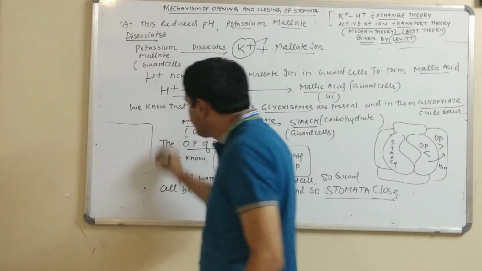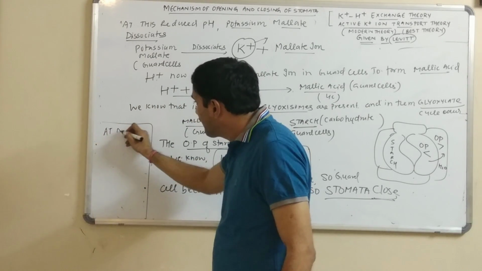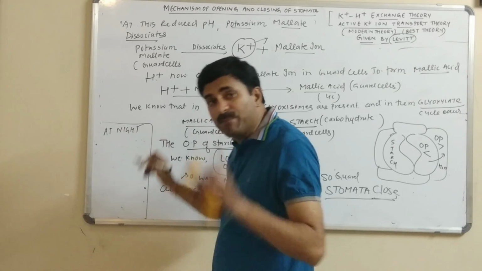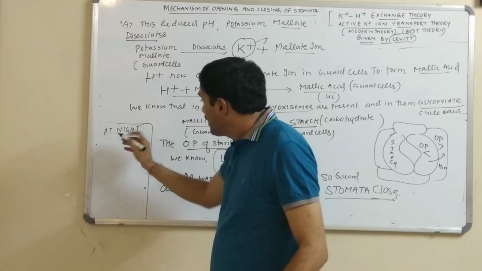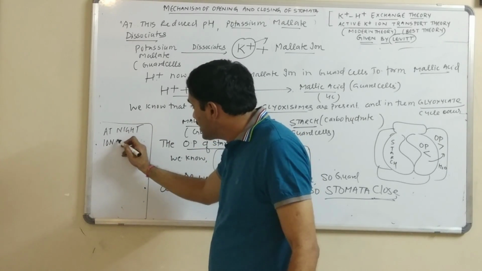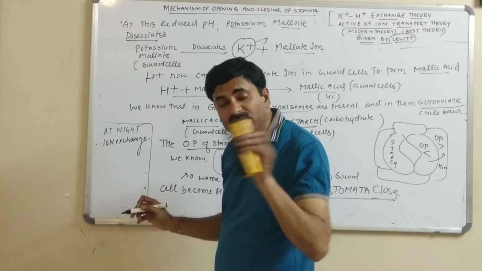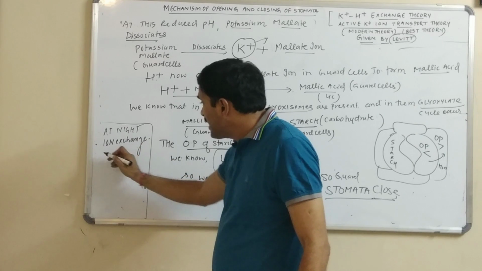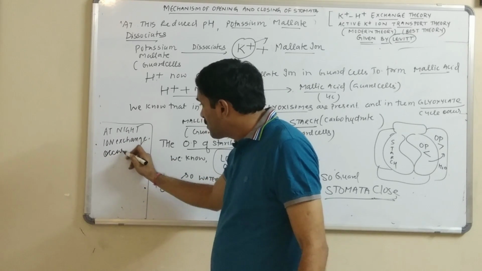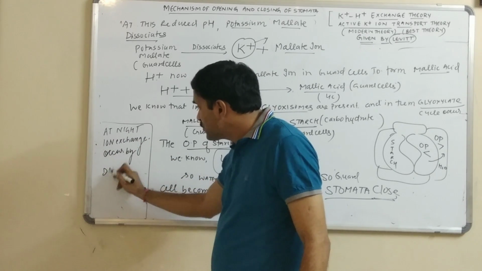So I am writing here, at night, the very important thing which the question is asked: at night ion exchange is happening, but this ion exchange is not happening by the active H plus K plus pump. At night ion exchange occurs by diffusion.